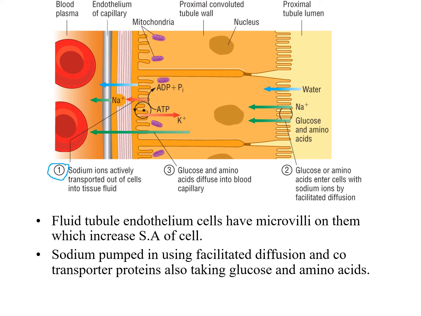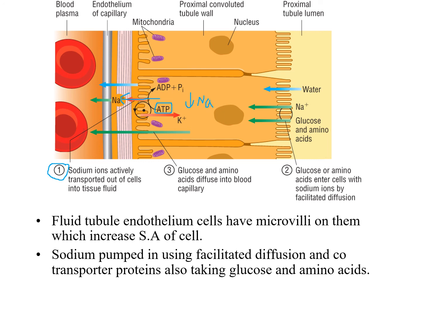So what happens is there's active transport happening here. It's a sodium-potassium pump, which we still haven't done massive amounts on yet, but we'll just accept it for the minute. Sodium is actively pumped out using ATP into the bloodstream. That causes a lower sodium concentration, I should say, in the epithelial cells of the nephron.